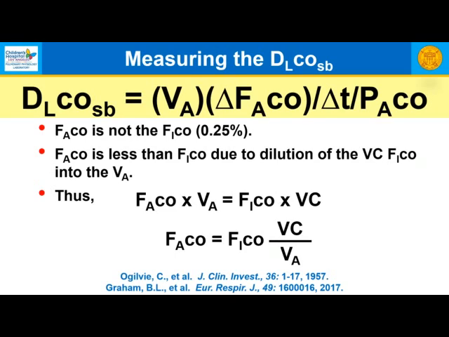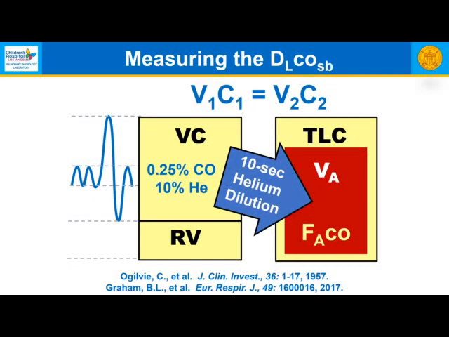And therefore, we can calculate the fraction of alveolar CO, which constitutes the diffusion gradient, as equal to the fraction of inspired CO times the vital capacity divided by alveolar volume. And again, it's that 10-second helium dilution. Alveolar volume will be greater than vital capacity, but not as great as total lung capacity.